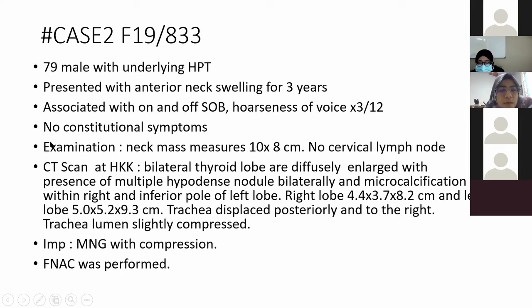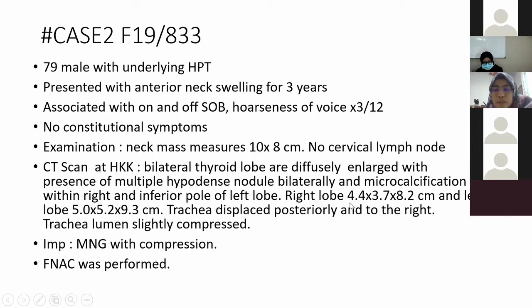In this case, they proceeded with CT scan straight away because this is a case from a district hospital. It showed that bilateral thyroid lobes are diffusely enlarged with multiple hypodense nodules bilaterally and microcalcification within the right and inferior pole of the left lobe.